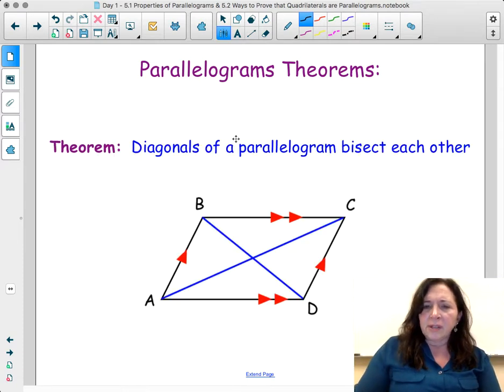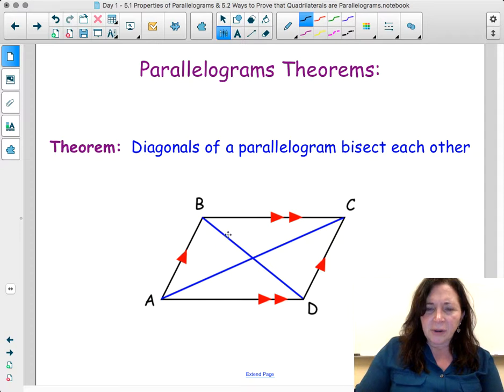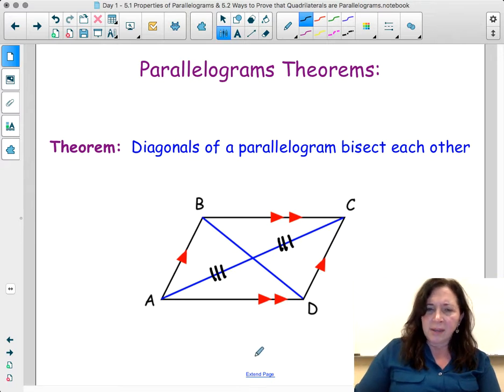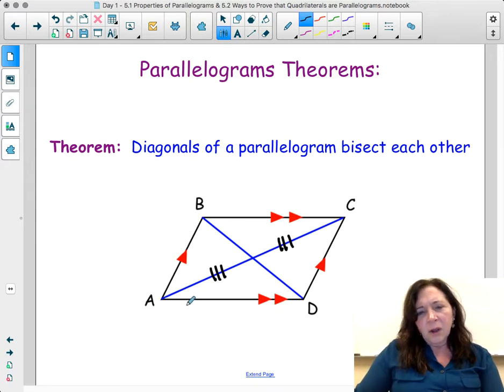The diagonals of a parallelogram bisect each other, which means that BD bisects AC. So BD cuts AC in half. So that segment is equal to that segment right there. It also means that AC cuts BD in half.